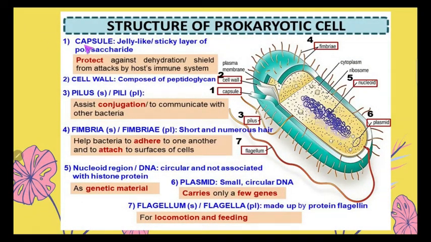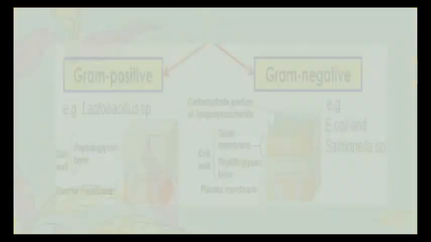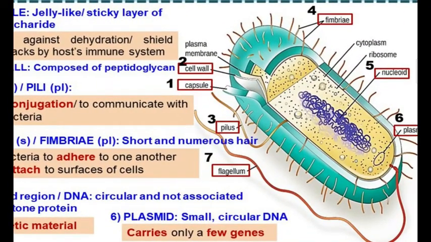Okay, so these are the important structures found in prokaryotic cells. We zoom in on the structure of the prokaryotic cell first. Look at the first one, the capsule.